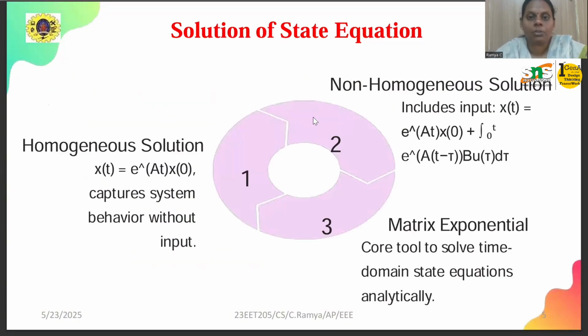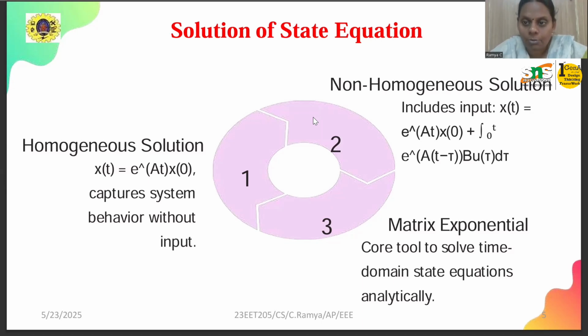Next, we are going to see the solutions for the state equations. To analyze a system, we need to solve these state equations. They come in two parts: the homogeneous solution and the non-homogeneous solution. In the homogeneous solution, x of t is equal to e power At multiplied with x of 0, which describes the system behavior with no inputs.